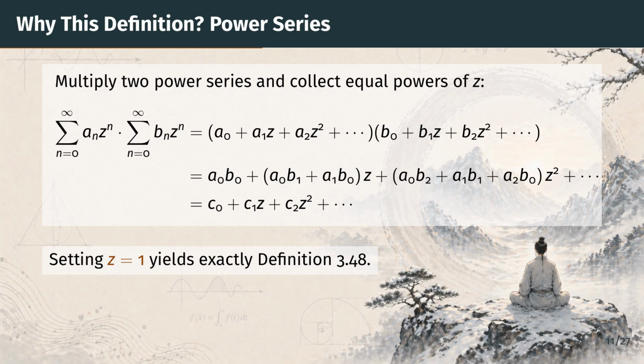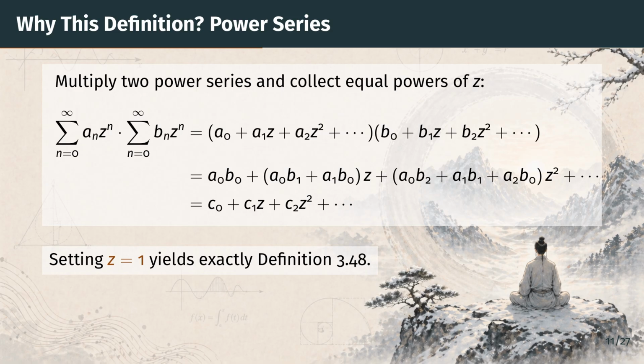So the Cauchy product is precisely what formal multiplication of power series suggests the product ought to be. Of course, this calculation was purely formal. Whether the resulting series actually converges to the product of the two sums is exactly the question this section investigates.